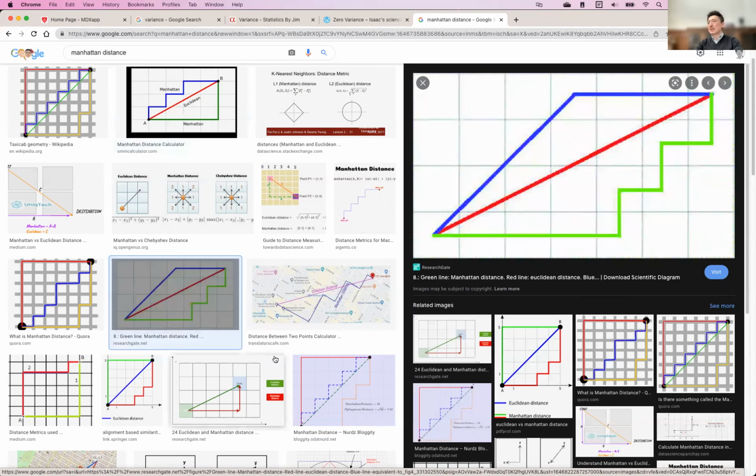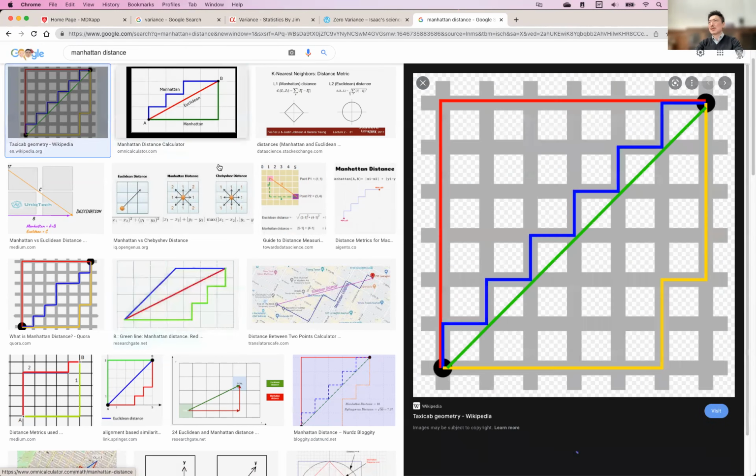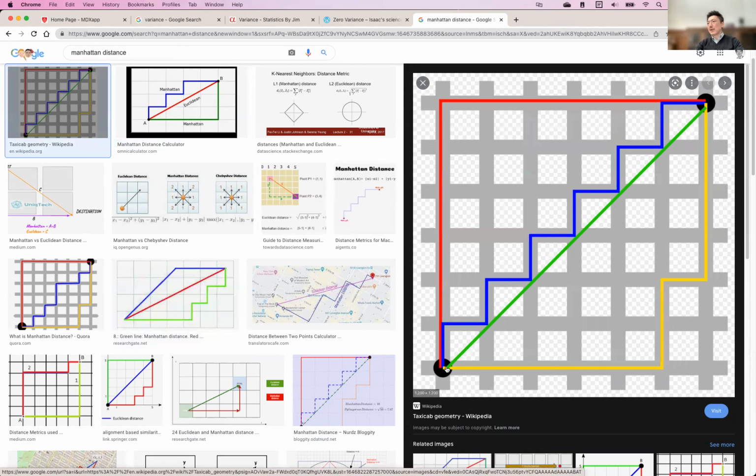For example, this line is a Manhattan distance, whereas this blue line is not, because it's not always traveling along the X or Y axis. If you have 3 or 4 dimensions, so long as it always travels along the axes, that will be fine. So again, you have the green line, which is Euclidean. The red, blue and yellow are all Manhattan distances. The paths look different, but the value is exactly the same.